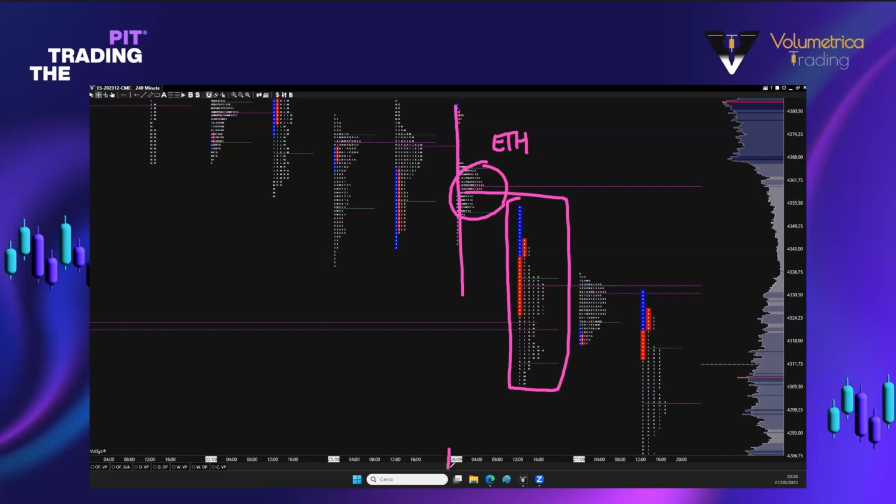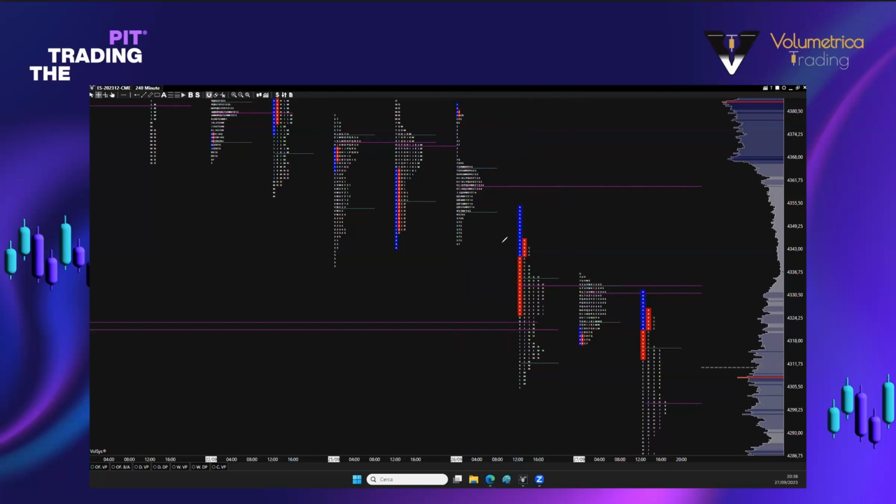So every single day comes with 2 different TPO profiles. And basically, what's the most important information if you look at market profile this way? When we have the opening, are we opening with the A print inside or outside the value area of the ETH session?